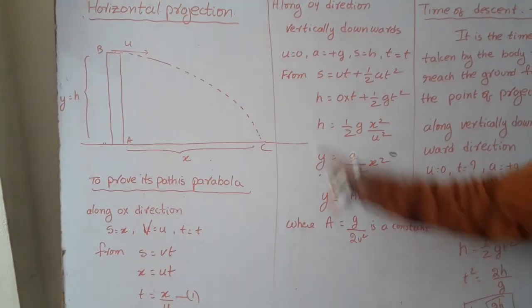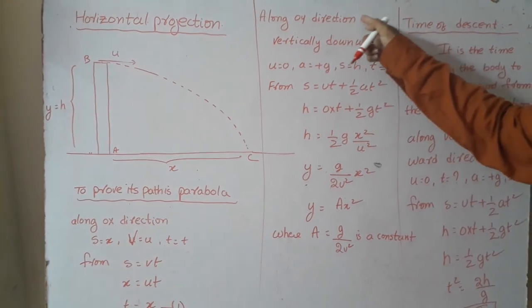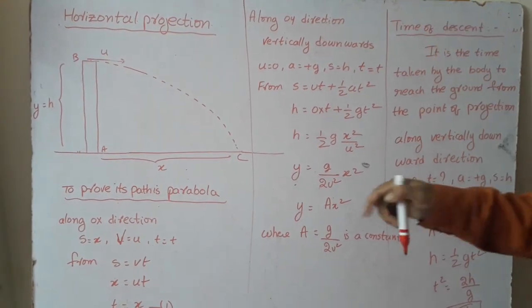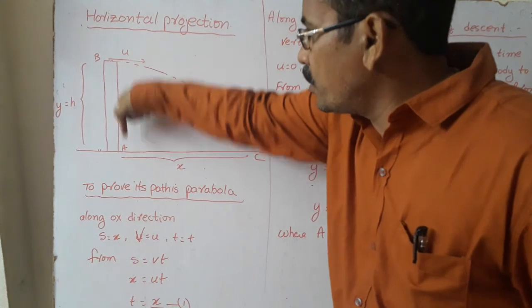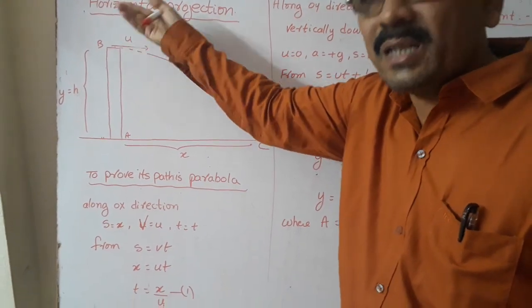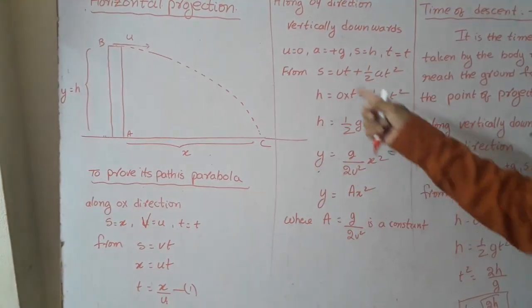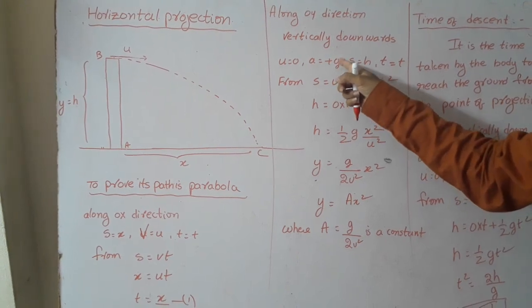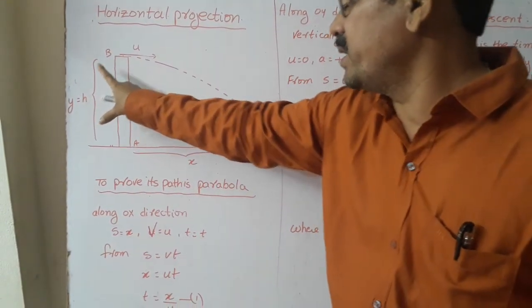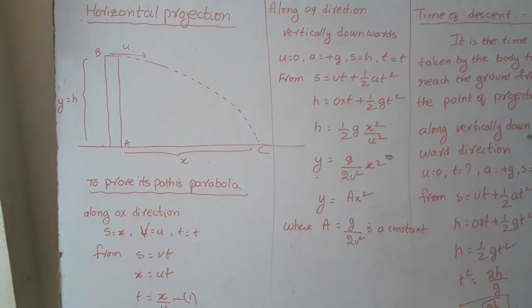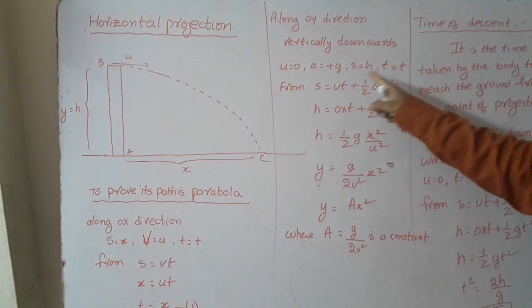Then along vertical direction, that is y direction, u is equal to 0 because it is like a freely falling body. a is equal to plus g, s is equal to h or y, t is equal to t.